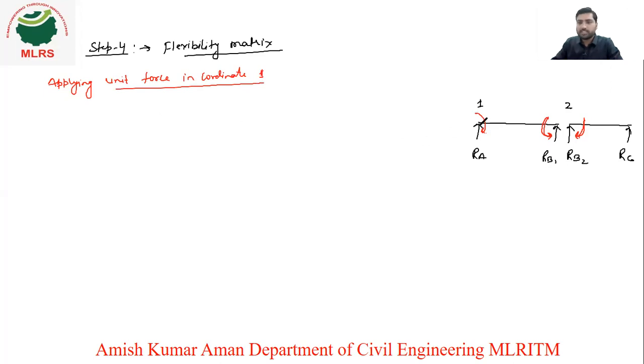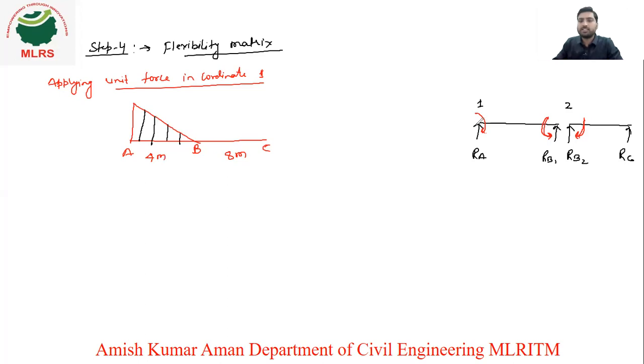So if you apply unit rotation here, what will happen? If you want to see the conjugate beam structure, what will it be? A, this will be B, C, 8 meter, this will be 4 meter, right? This will be the conjugate beam structure.